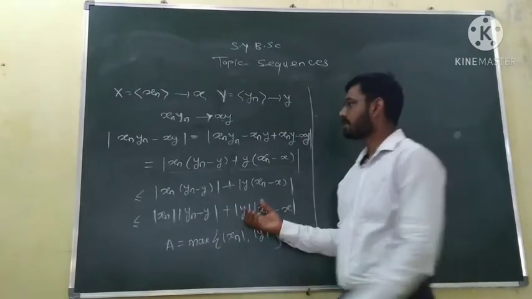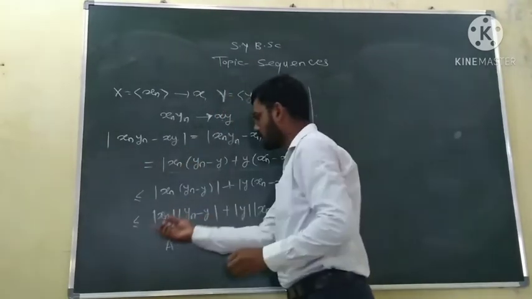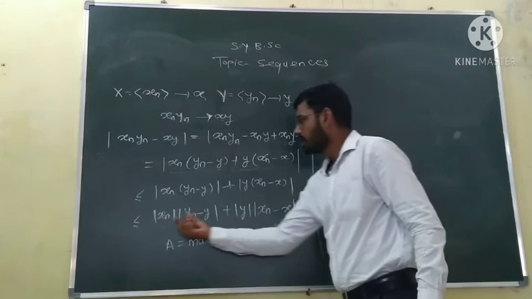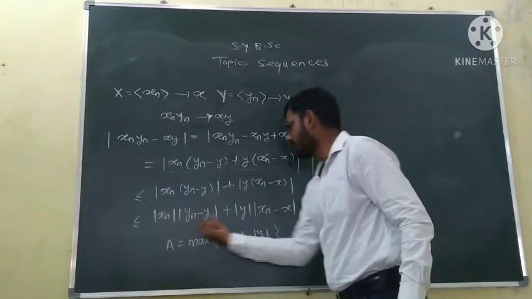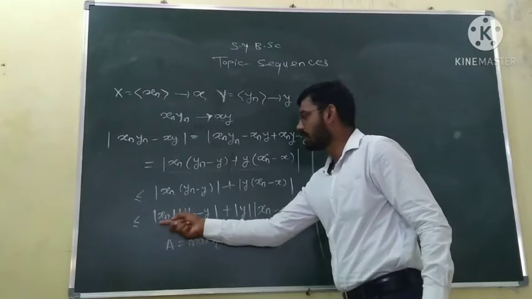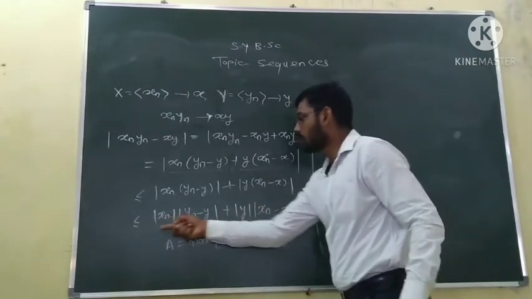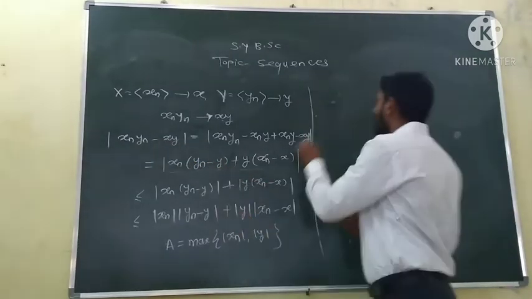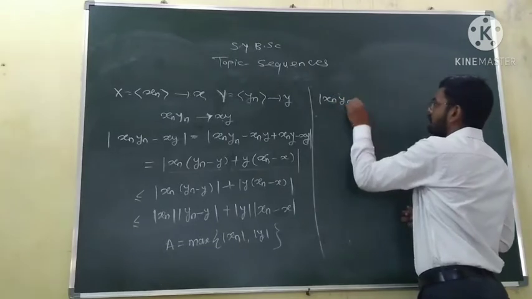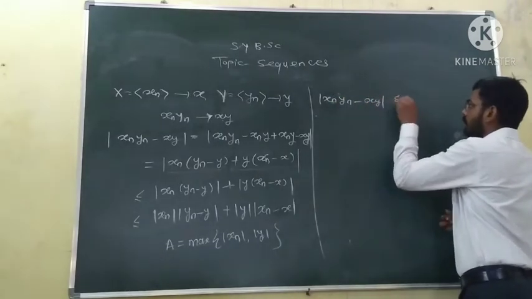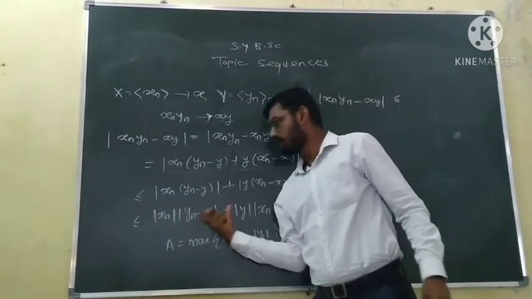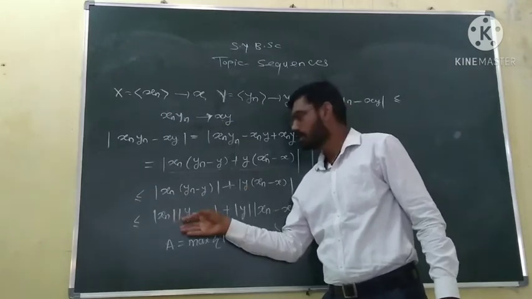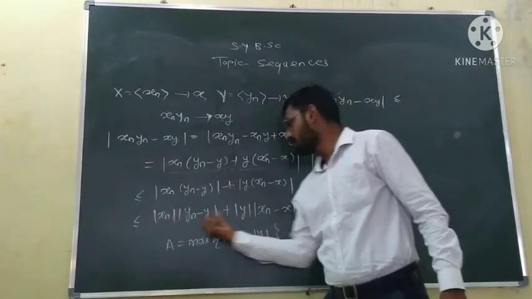The value a is greater than or equal to both of these, so the total term is also less than or equal to it. So mod of xn yn minus x into y is less than or equal to this, and we write a term which is also greater than or equal to it, because we are taking the maximum of mod of xn and mod of y.